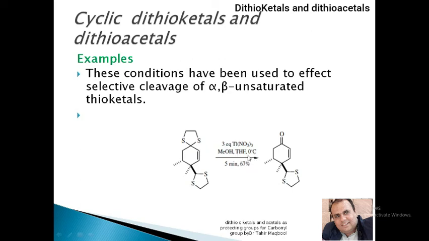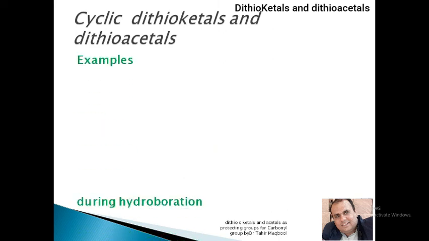And the yield is 67%. So these conditions have been used to effect the selective cleavage of the alpha beta unsaturated thioketal. Here is the reference if you want to see the complete paper.